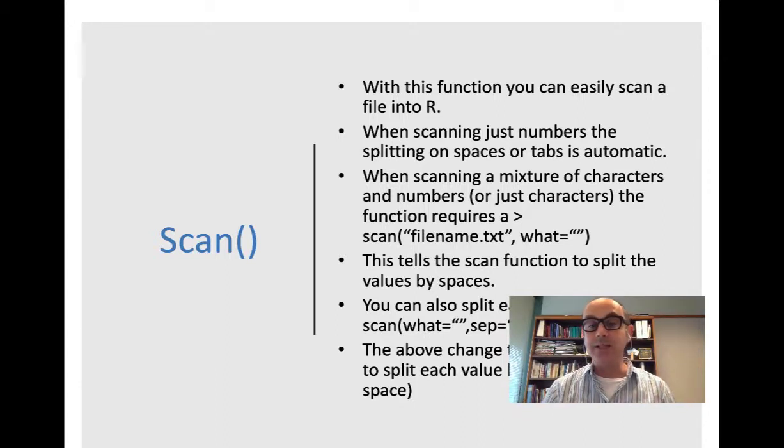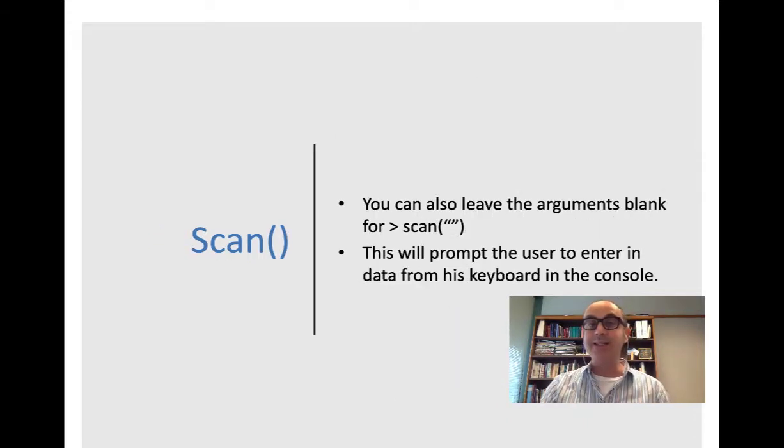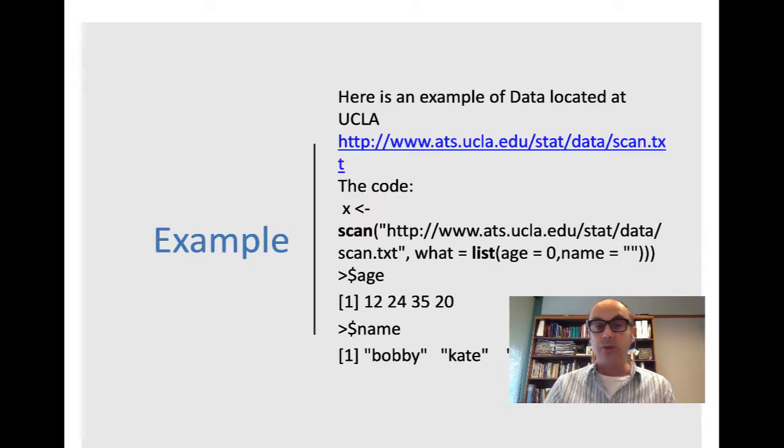In this case, you can split the file into values, or you can split the file based on some parameters that you give. Scan also allows us to provide the argument blank, so it can scan the file and prompt us in the RStudio console.